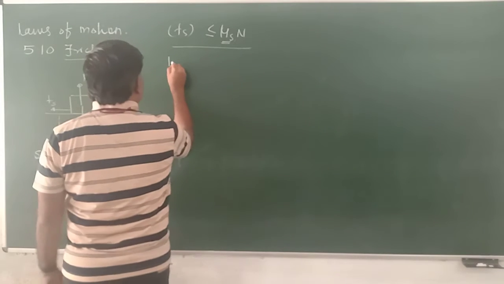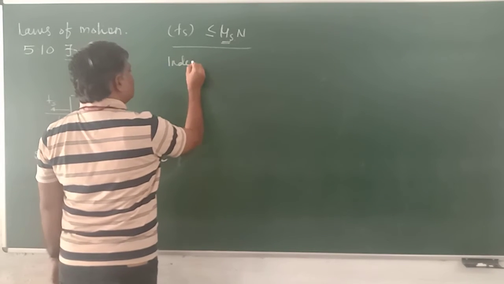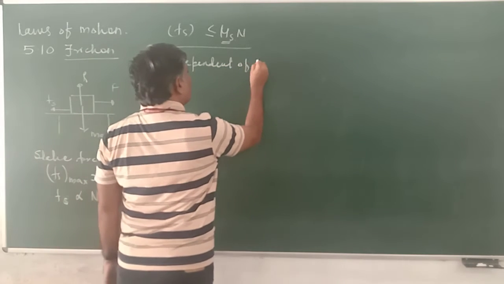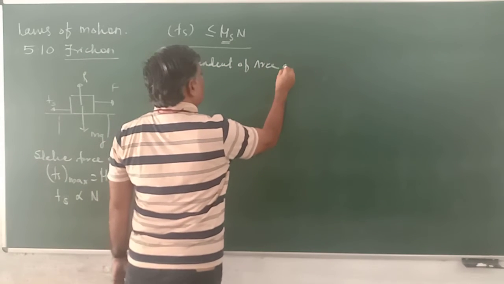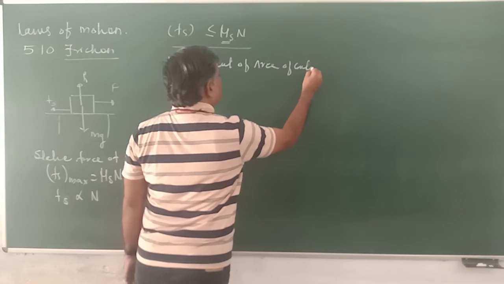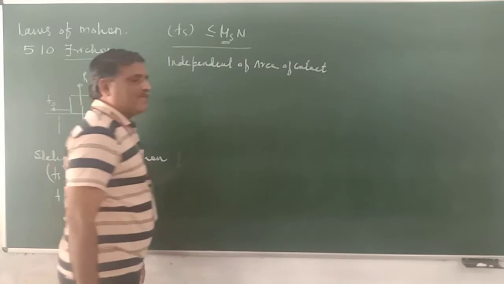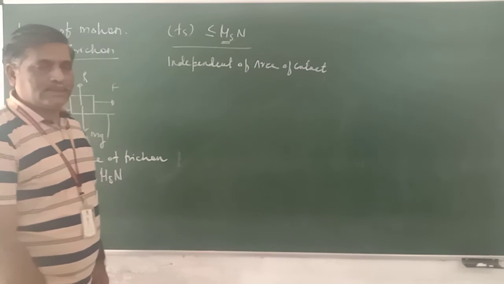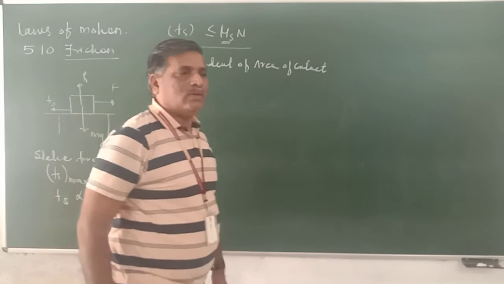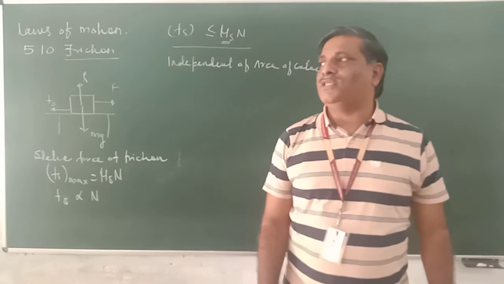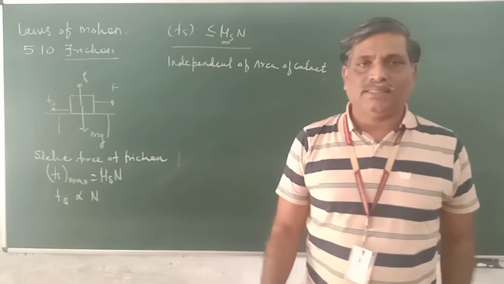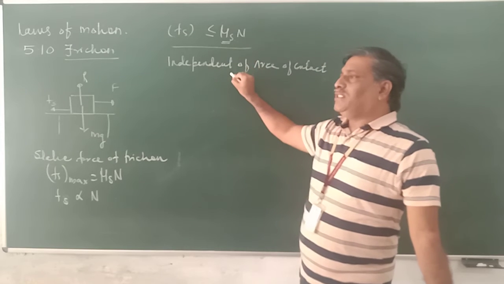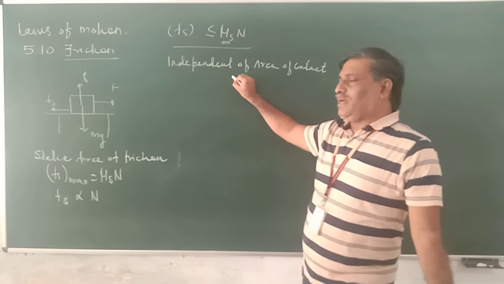It is independent of the area of contact. That is important. The force of static friction is independent of the area of contact. It depends only upon the nature of the surfaces in contact.